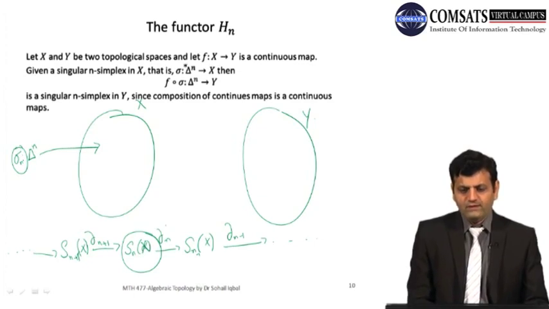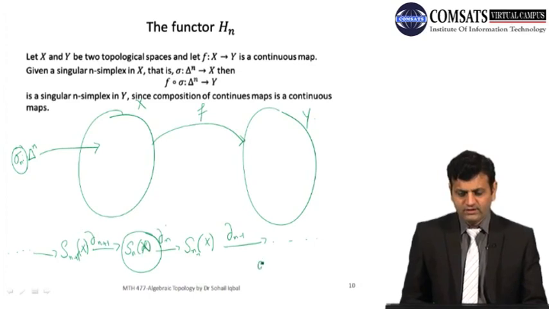Now if I have a continuous function f from X to Y, and this sigma n is also continuous, then we know that the composition of continuous functions is a continuous function. So I can take the function f composed with sigma, which starts from the standard n simplex, because the domain of sigma n is the standard n simplex.